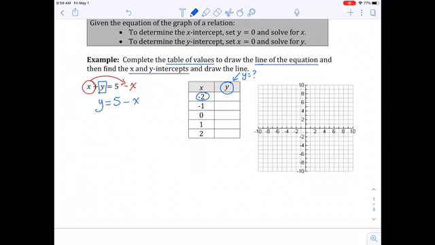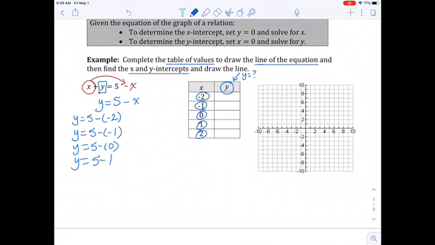When X is negative 2, I get Y equals 5 minus negative 2. Then Y equals 5 minus negative 1, Y equals 5 minus 0, Y equals 5 minus 1, and Y equals 5 minus 2. I'm just substituting all these values in for X.